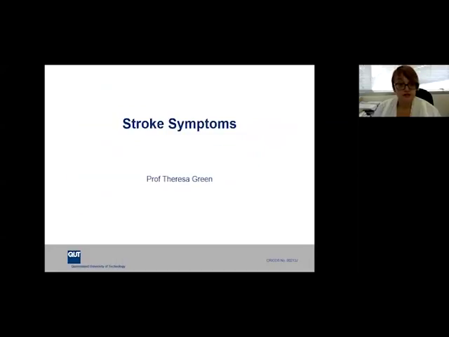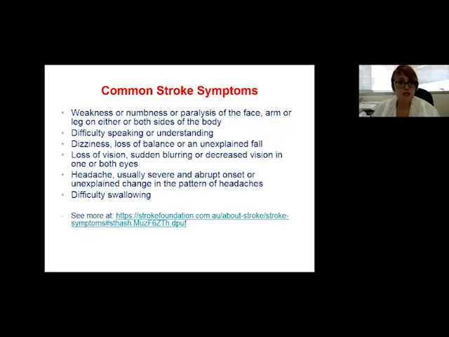I want to thank Professor Terry Green for these slides and look at some stroke symptoms, which tend to obviously be related more to the neurological damage that's been suffered during a stroke, such as weakness or numbness or paralysis, difficulties speaking or understanding, dizziness, loss of balance or unexplained fall.